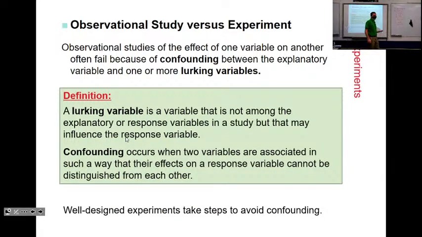Confounding is when we have variables that are very much linked together, and they can be confused for causing the response variable. If we don't know whether variable A or variable B caused this thing to happen, and we can't tell which one it is, then that's an example of confounding.